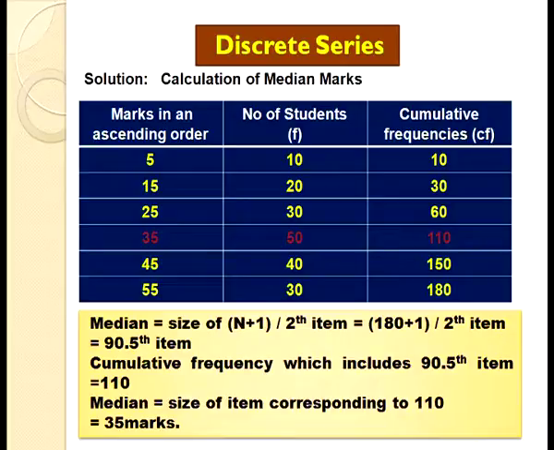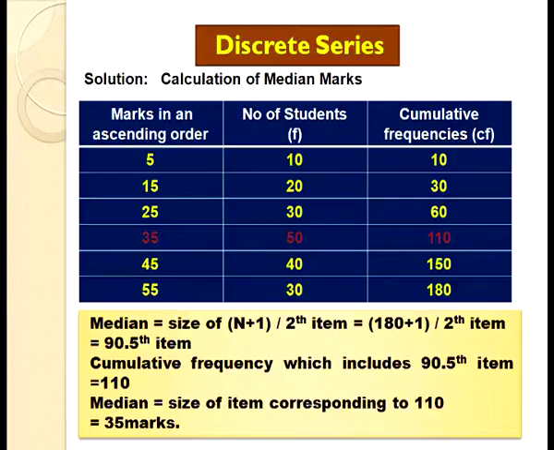Now after this, write the formula. Median is equal to size of (n plus 1) by 2th item. Over here, the number of observations would be the sum of frequency, that is 180. So we are going to put the value of 180 in this formula: (180 plus 1) by 2th item. We get the 90.5th item. Now this value we are going to locate in cumulative frequency.